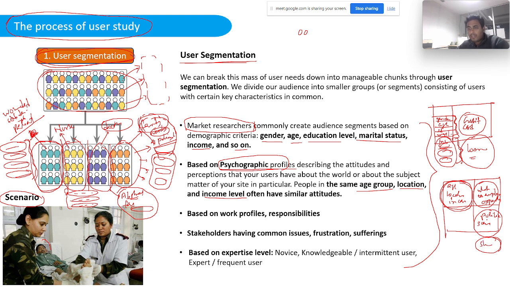All those questions you can ask based on grouping users or stakeholders by their psychographic profiles.